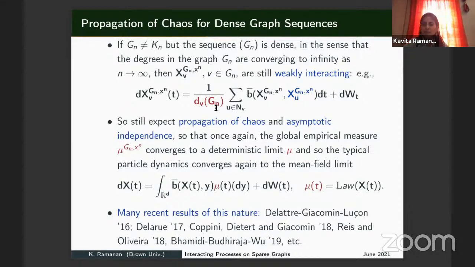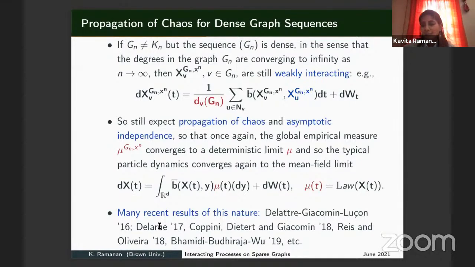With some other minor conditions, they show that in the Erdős-Rényi graph, the individual particle will still go to the mean field limit. And similarly, there were various different versions for deterministic graphs and certain other conditions.